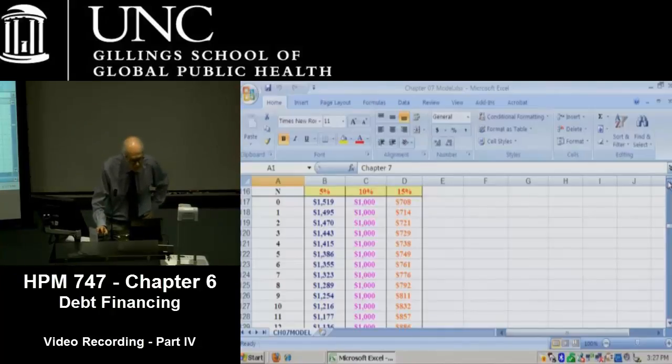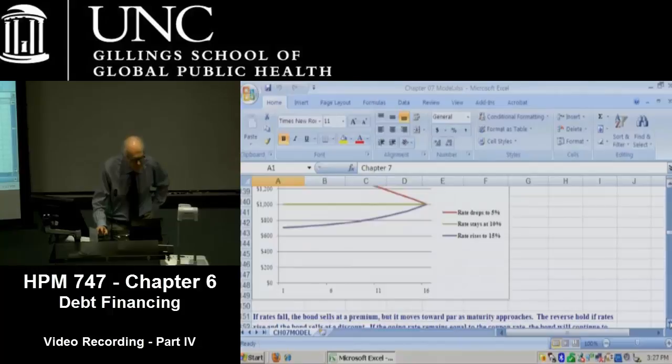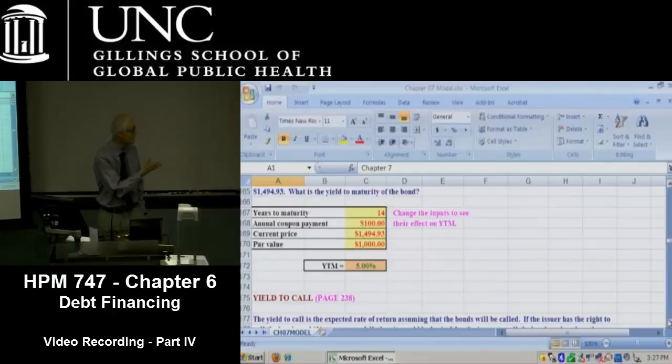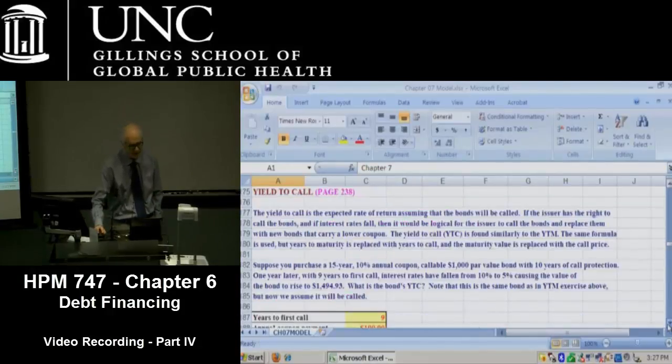And then yield to maturity is calculated for you, the years to maturity, the annual coupon payment, and so on. All the examples that I've just gone through in class are in the model itself, and then the yield to call calculation as well.